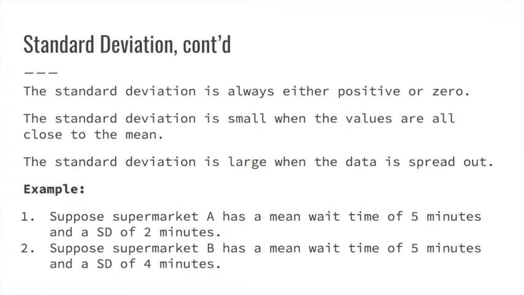But at supermarket B, the average is still 5 minutes, but you could have some people getting in and out in 1 minute, and others taking up to 9 minutes, as a normal pattern of behavior. That larger variation means your experience would not be quite as consistent from visit to visit. That doesn't necessarily equate to good or bad, but it's something to think about. High standard deviations mean things are not quite as consistent.